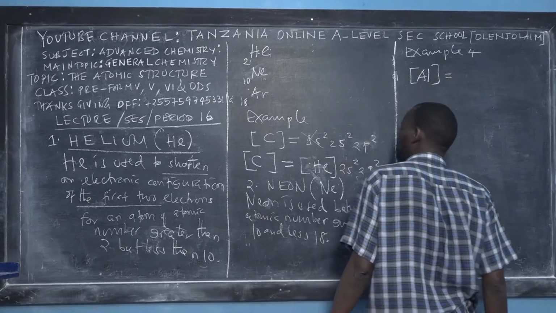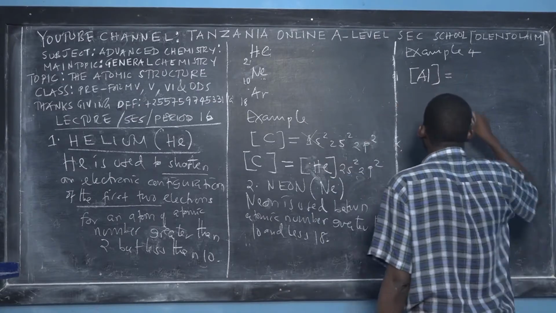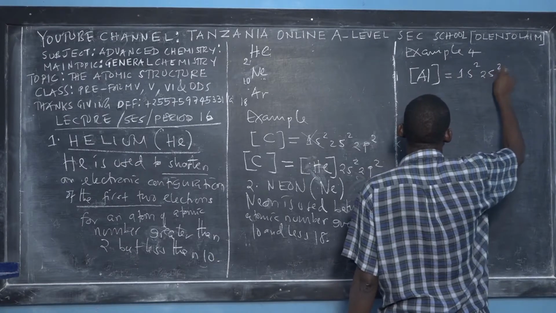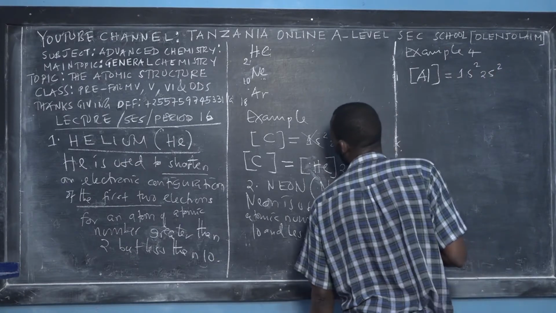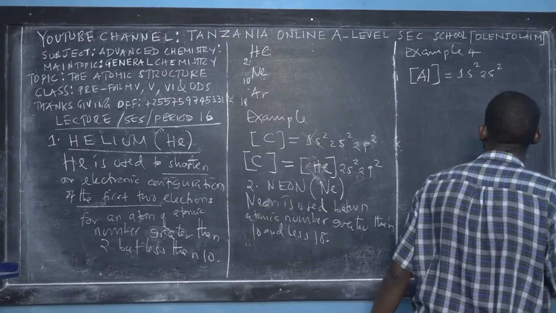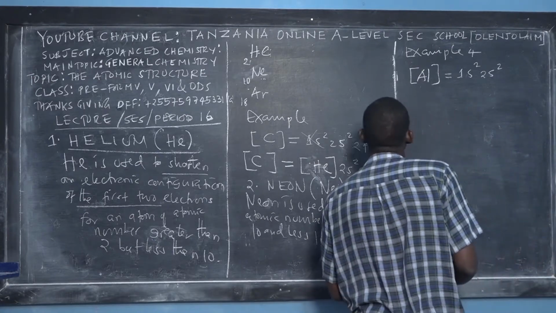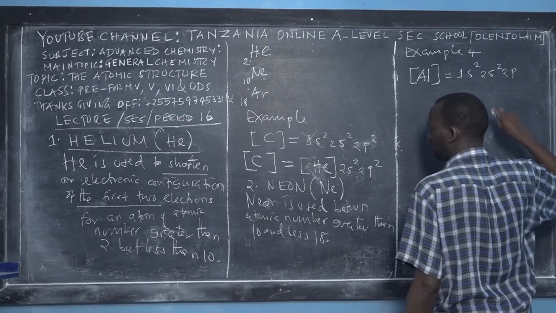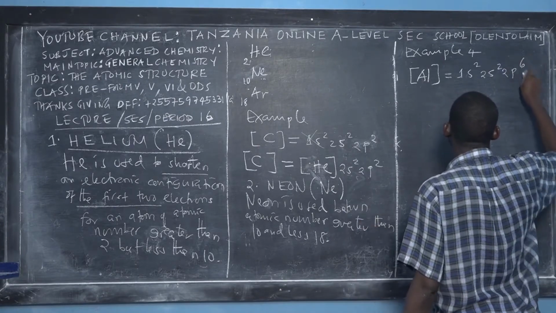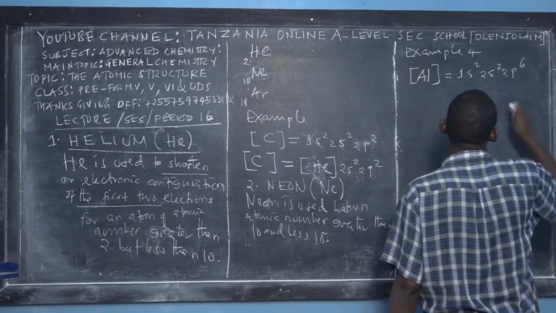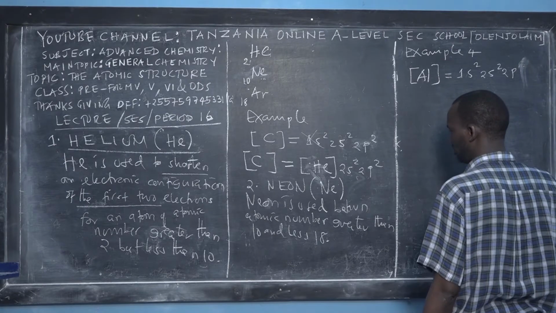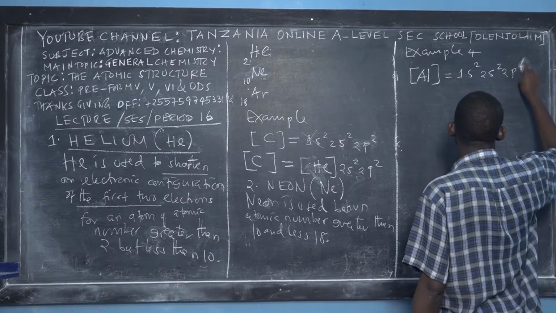So this one, as usual, we write 1s, then the next sub-level is 2p, 6 electrons.